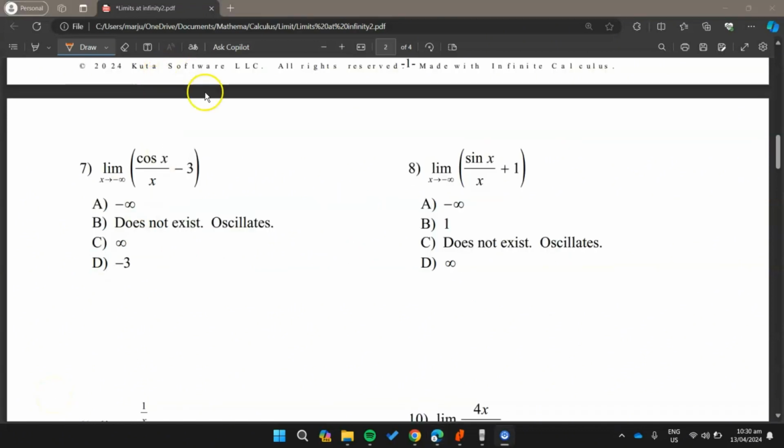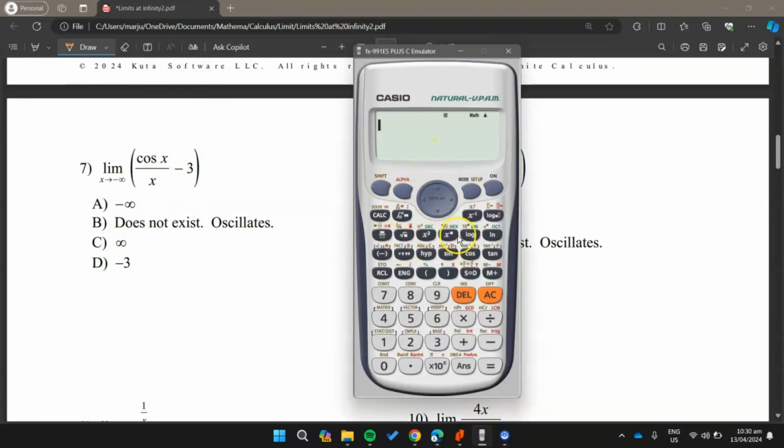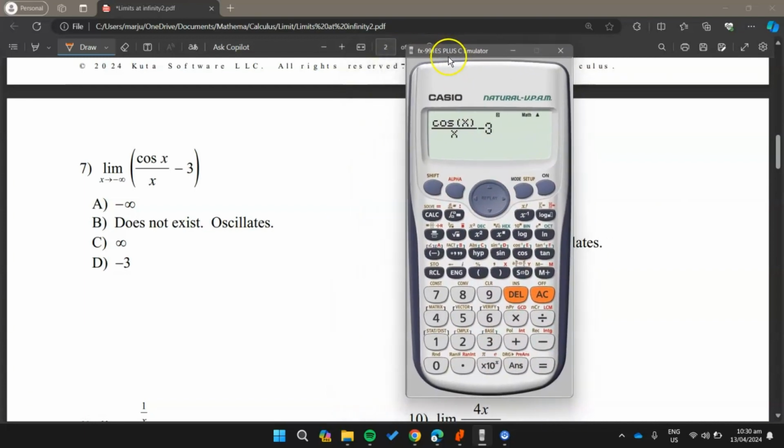Now for number 7 and 8, let's approach this using our scientific calculator. So we have here the cosine of some x variable over x, and then minus 3. What will happen to this expression as x approaches negative infinity?